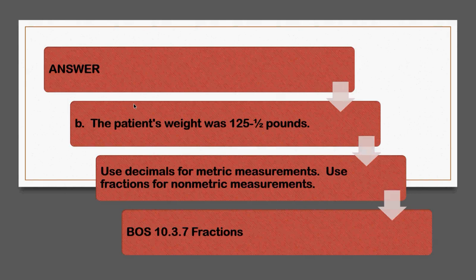Use decimals for metric, fractions for non-metric measurements. Pounds, inches, feet, all in fractions. In milliliters, millimeters, centimeters, metric, and that would be decimals. Okay? This is the reference here too. Book of Style 10.3.7.